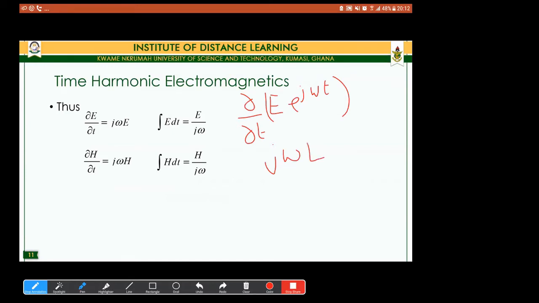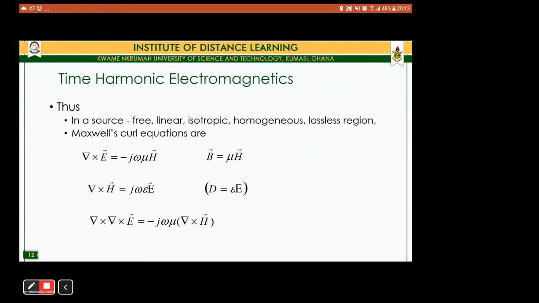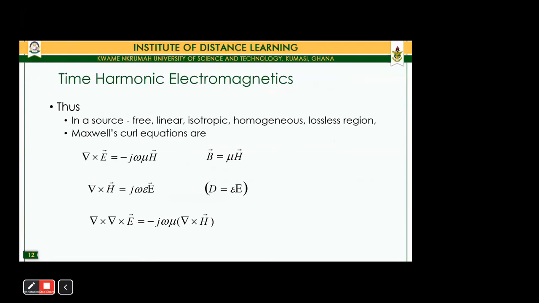E, which is a function of x, y, z, and t again. So if you differentiate E, you get j omega E. If you integrate E, then you get E over j omega. Similarly, if you differentiate H, you get j omega H. If you integrate, you get H divided by what? j omega.